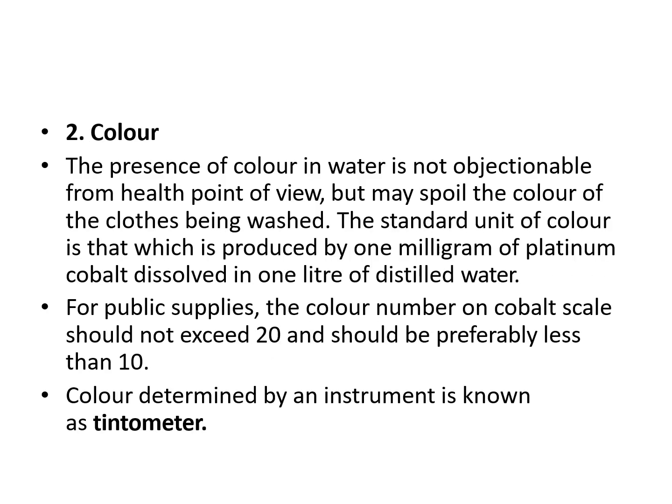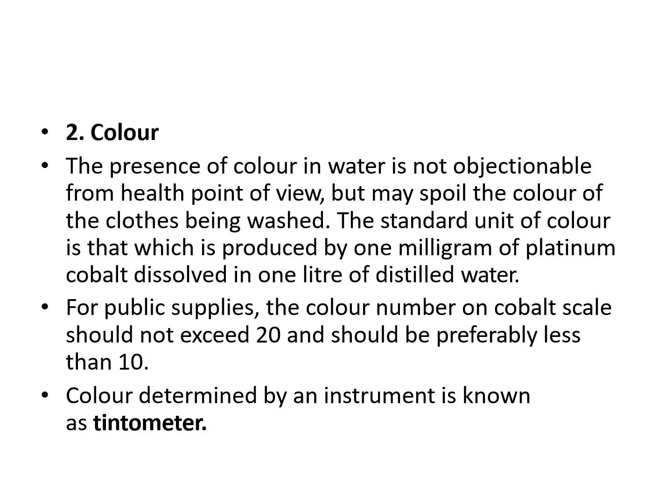Then color. Normally the water is colorless. From a health point of view, the color may spoil the water. The color of the water is spoiled by cloth washing or any other substance present in the water.